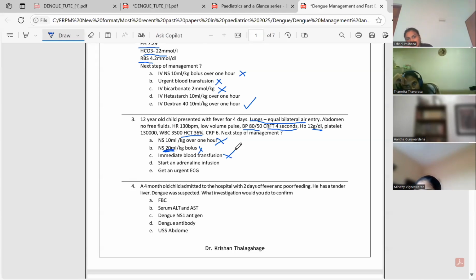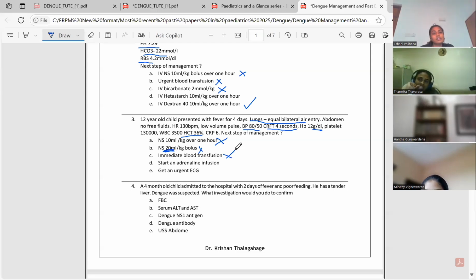I am not telling that this child doesn't need fluid. He needs fluids. Definitely he needs fluid. Right? How much fluid to be given and how fast we should give it is usually decided by knowing the cardiac status better. For you to do this, it might take less than 1 minute.